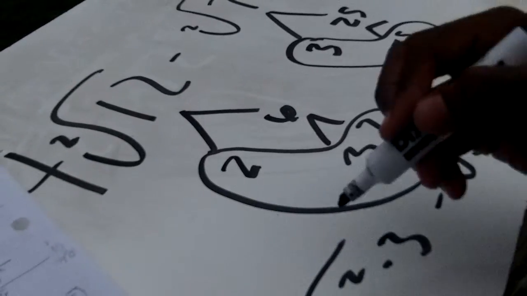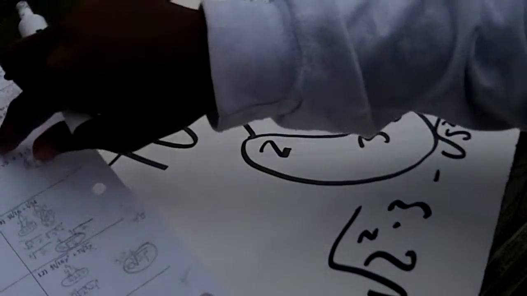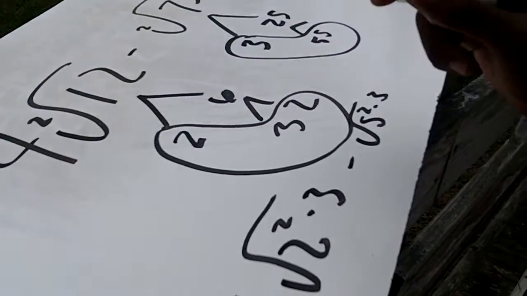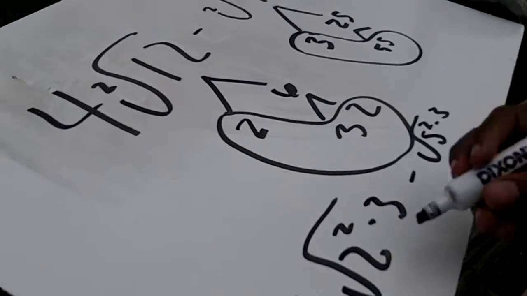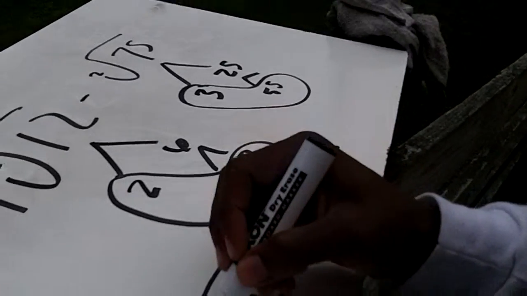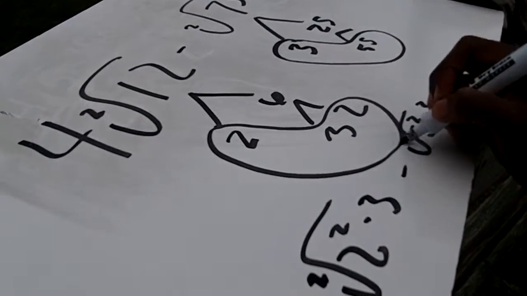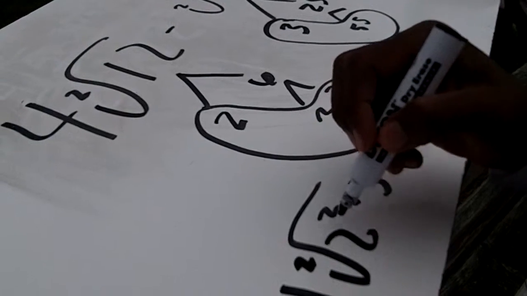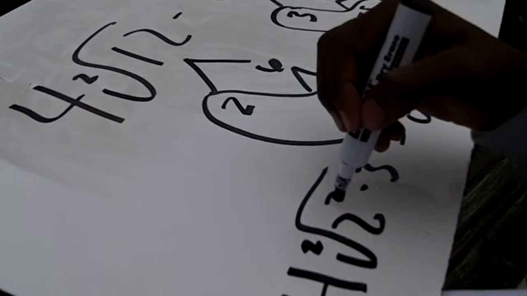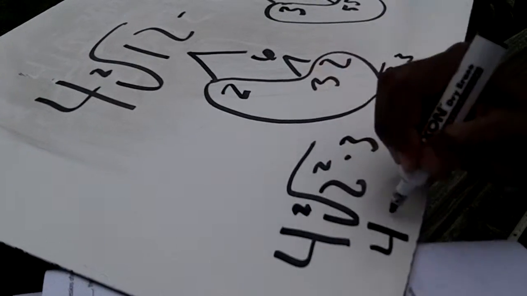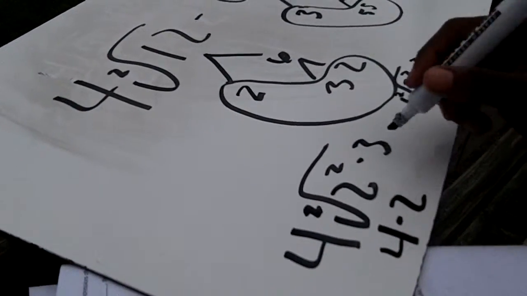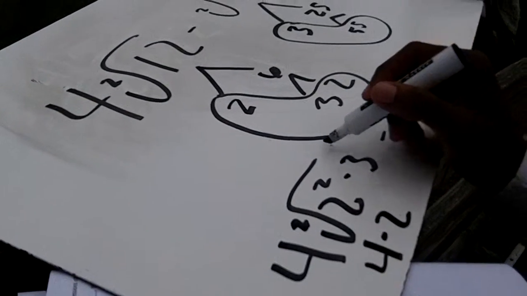Then after that, you pull out the things that are equal to be under your square root's radical sign. So since this right here is an imaginary 2, which is also right here, that means this 2 will pull out, so it'd be 4 times 2, while the 3 stays because the 3 doesn't have an exponent.